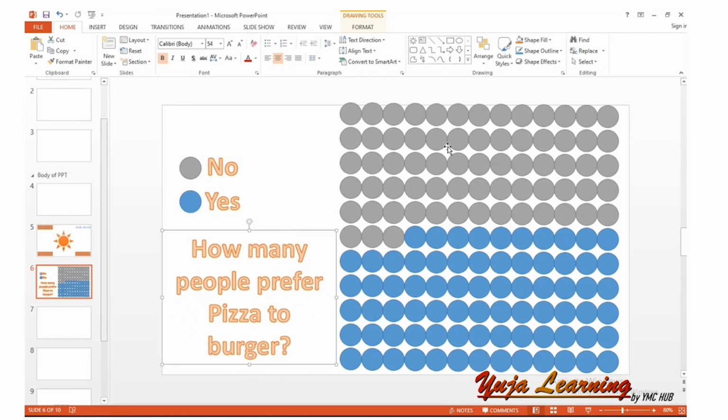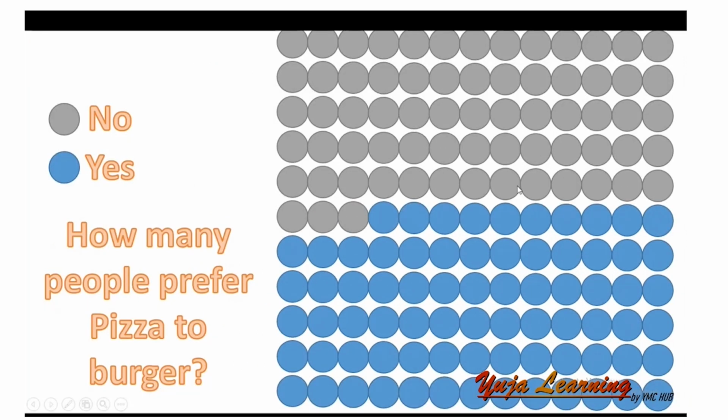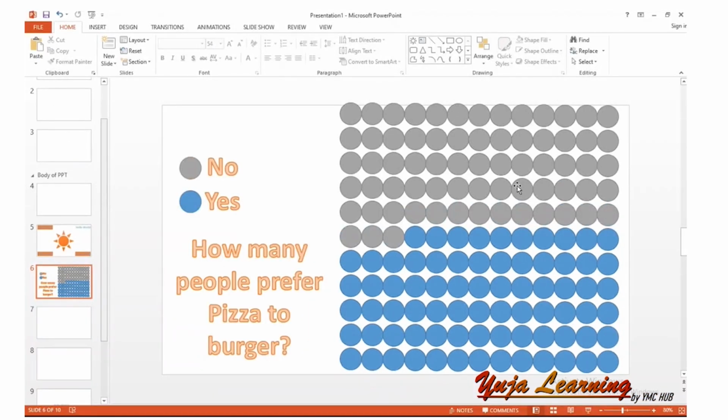This was the question. I can add a background image and so on. We'll see how we create a slide. But this is how my slide looks now. How many people prefer pizza to burger?